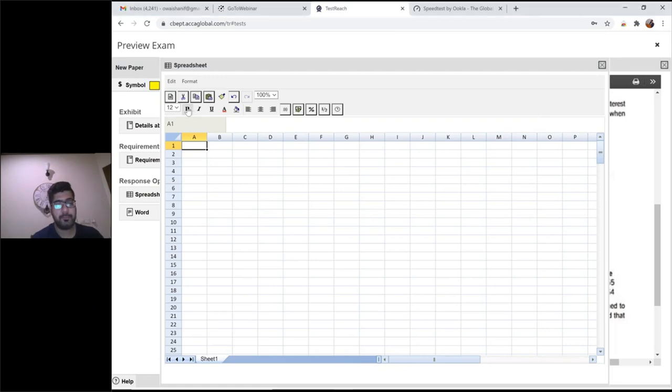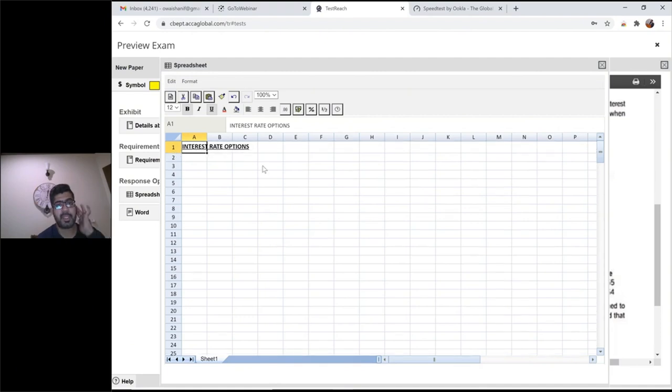And the last thing was interest rate options. Okay. Now, as far as the interest rate options are concerned, I told you options have a format as well.